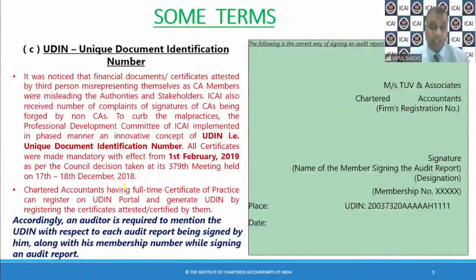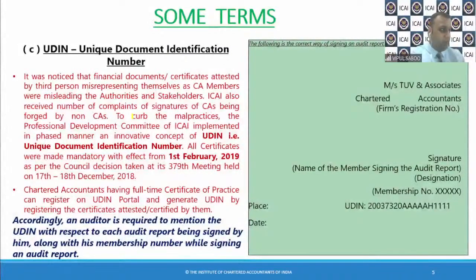The very interesting part, and quite a recent thing, the UDIN, unique document identification number. How many of you know about it? The UDN or the UDIN? I just want to know how many of you know about it, or have you heard about it, read about it?